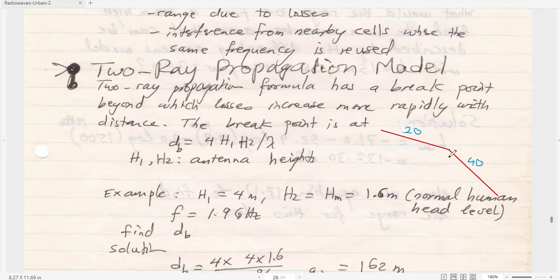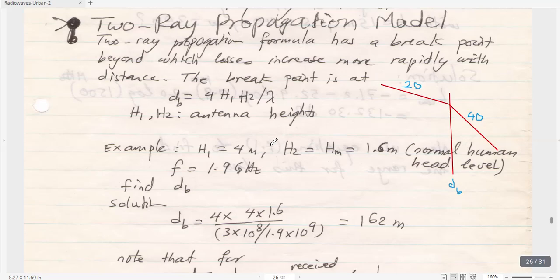The breakpoint here, the distance here, this is the breakpoint. This is d_b, not decibel, the break distance, given by this equation: 4 h1 h2 over lambda. h1 is the transmitter height, h2 is the receiver height, and lambda is the wavelength.